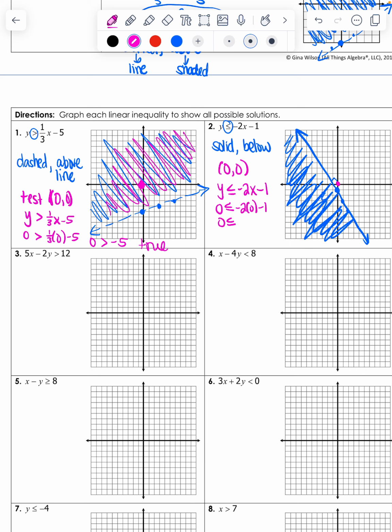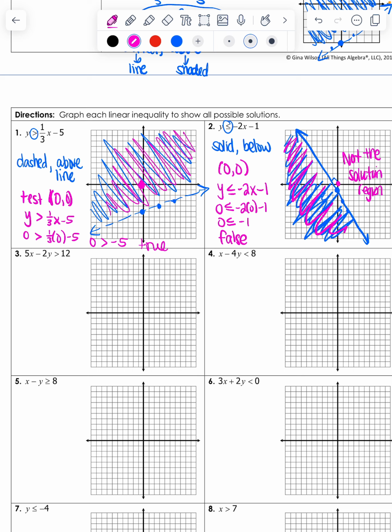We're going to get 0 is less than or equal to -1. And that's not true. That's false. 0 is not smaller than -1. That means that the region that 0, 0 is in, which is above the line, is not the solution region. Therefore, the region below it would be.